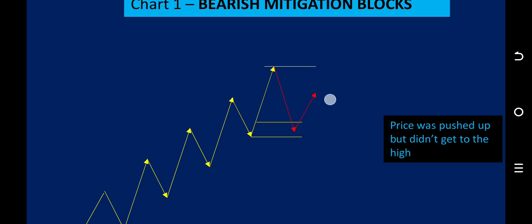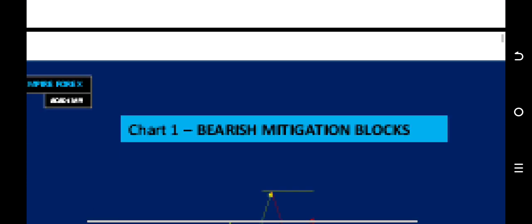As it stopped here, eventually price broke down. Now the block that is formed within this region is called a mitigation block.